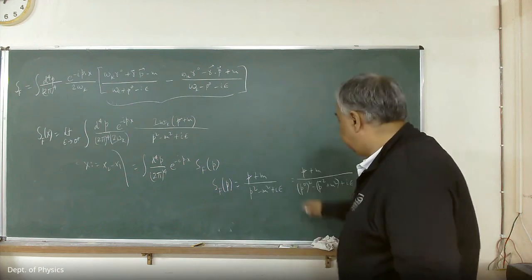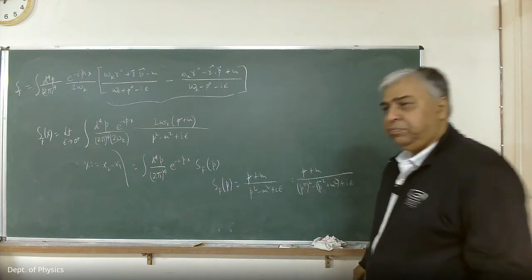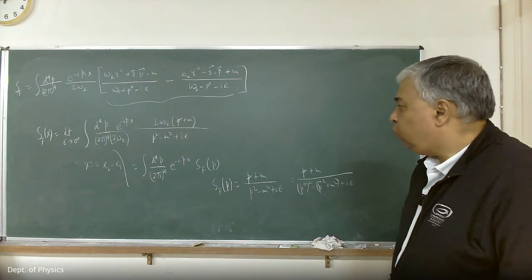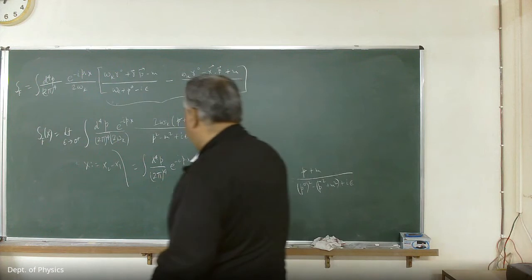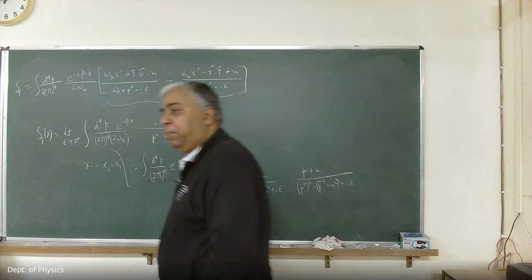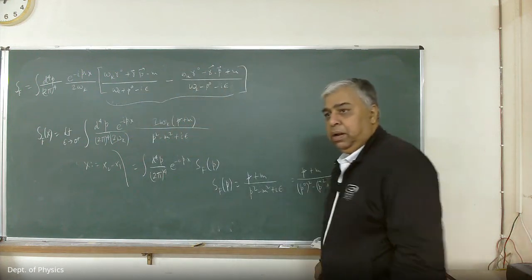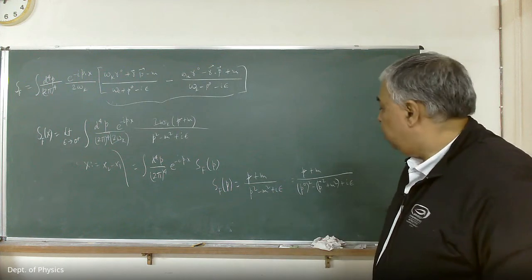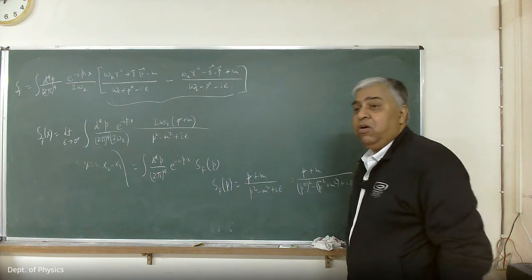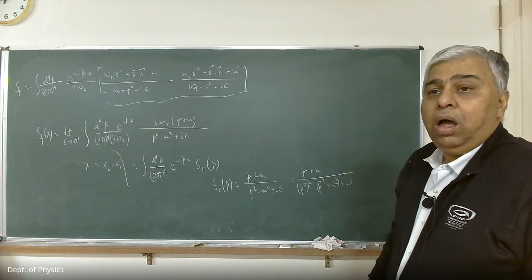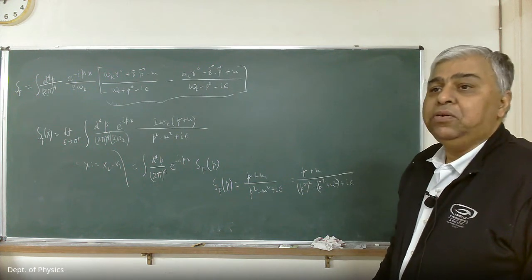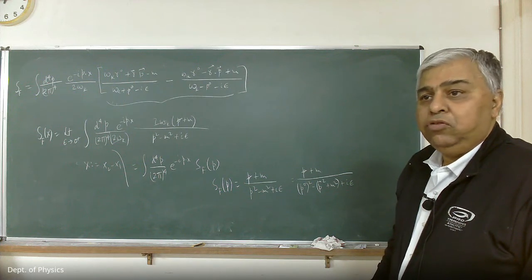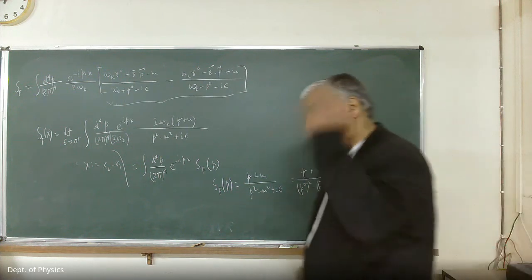This is a quadratic expression. If you want to carry out this integration over p naught and reduce to a three-dimensional momentum integration, then you have to consider p naught as your integration variable, treat it as a complex variable. So you have to consider the complex p naught plane.